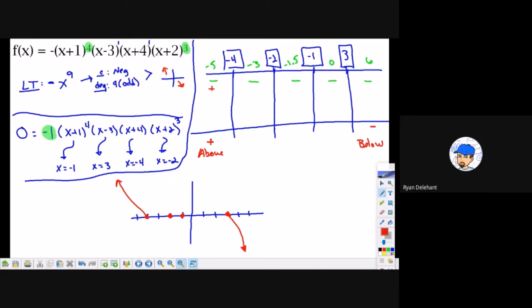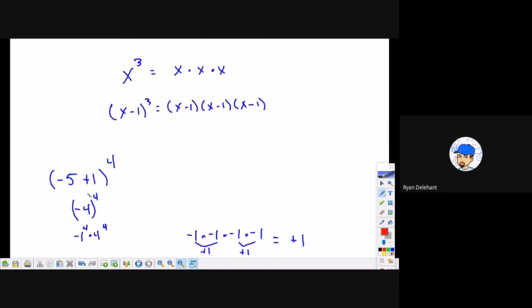Now, as we go through and do this some more, does it ever matter what number I get inside here? What will it always be? Meaning, even if I got a negative number and I take it to the 4th power, is it going to be positive or negative?